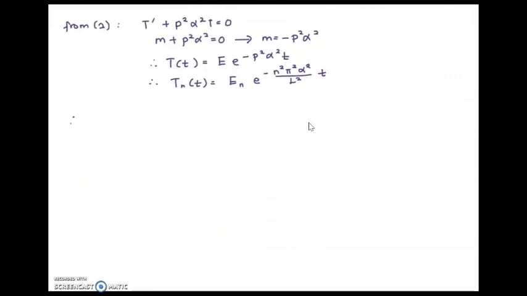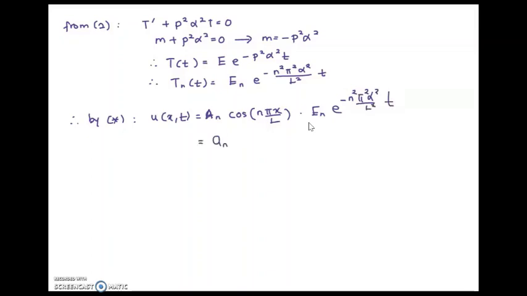Therefore, by this equation star, the solution would be u of x,t equals an, this is for the x, an cos n pi x over L, and then times t. So t is En exponent negative n square pi square alpha square over L square t, which can be simplified.